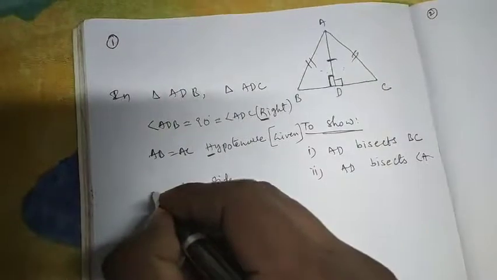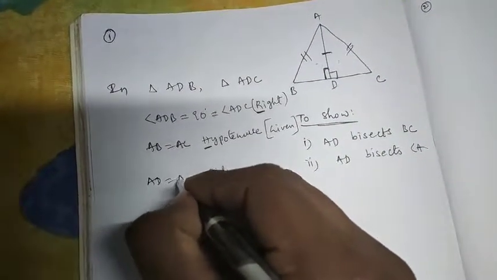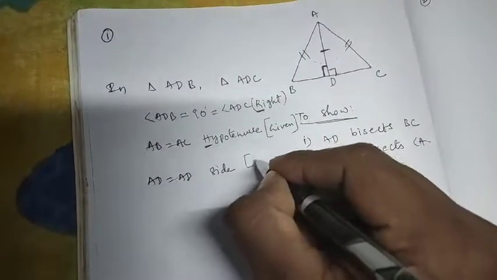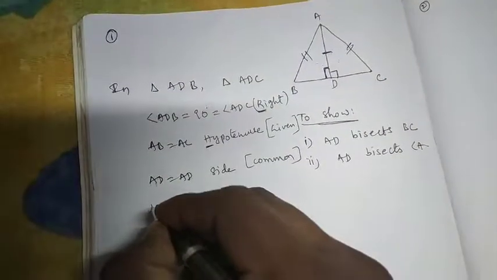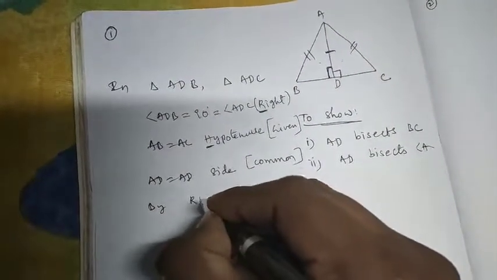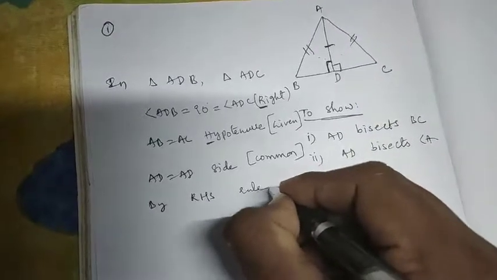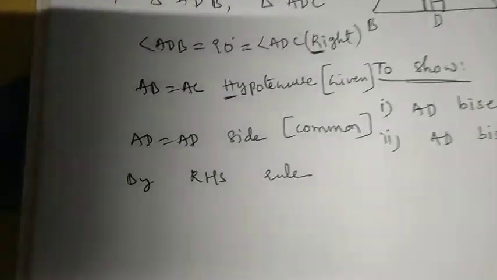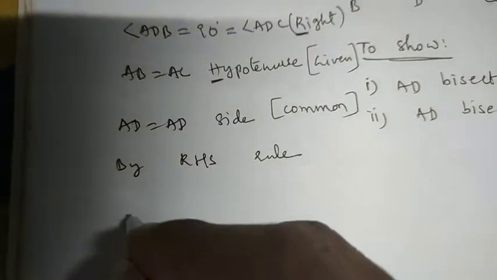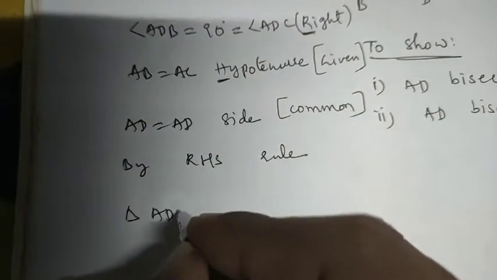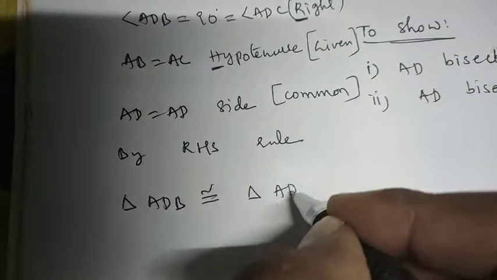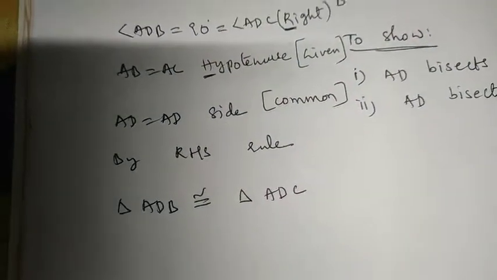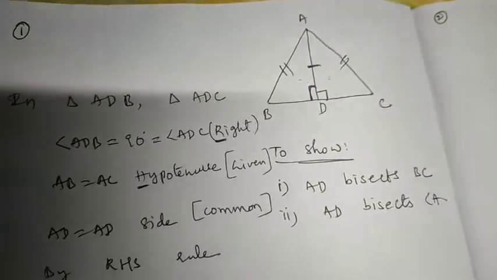So here I'll write AD is equal to AD, and it is a side. The reason for equality is that it is a common side. So I'll mention by RHS rule, I can write triangle ADB congruent to triangle ADC. Correct?